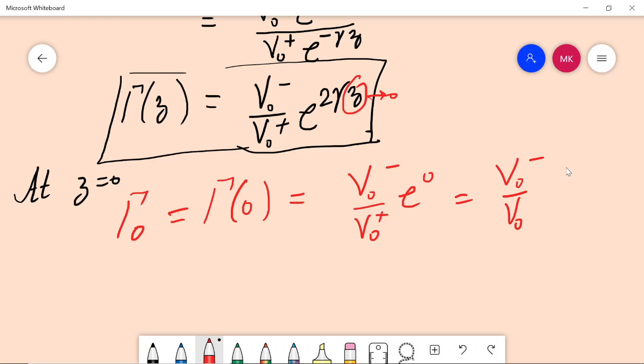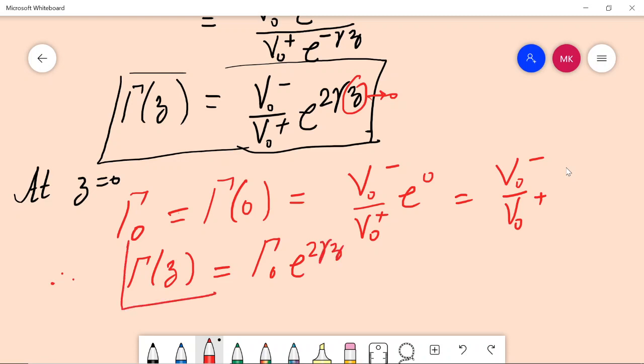So replacing these two from here, in general gamma z can be written in terms of gamma naught, the reflection coefficient at z equals to 0. So it will be just gamma naught e to the power 2 gamma z.